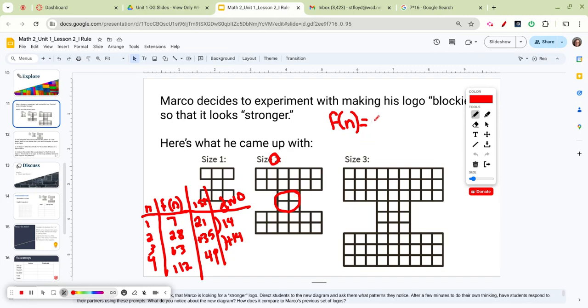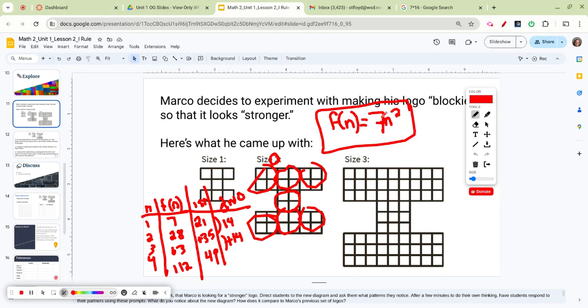So I was thinking it would be something like n squared times some number. And that number would be 7, so 7n squared. And I think that's the whole equation, because I don't think we need to add anything to it. Let's check it.